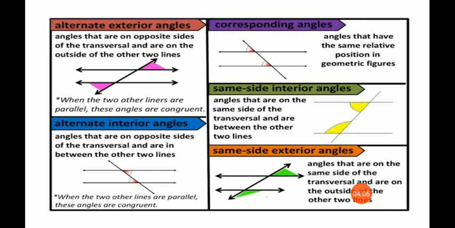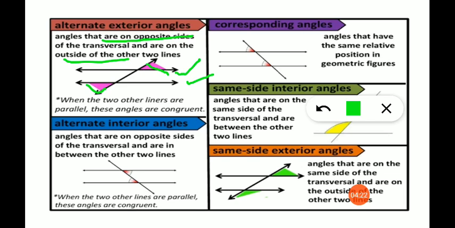So, we know about the alternate exterior angles. The angles that are on opposite sides of the transversal and outside the two lines. And if the two lines are parallel, then the angles are equal. Okay, then the same for alternate interior angles.